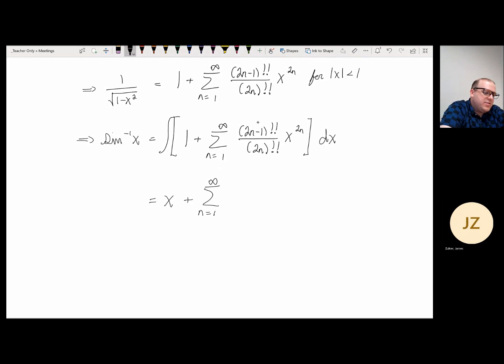We're just integrating this with respect to x. Well, this piece here is just a constant, isn't it? Now, what is the antiderivative of x to the 2n with respect to x?